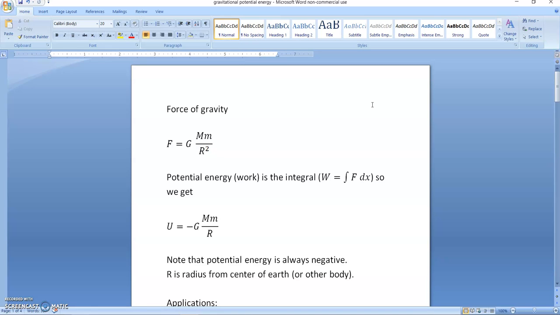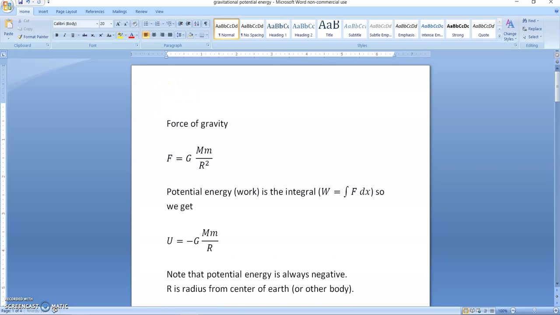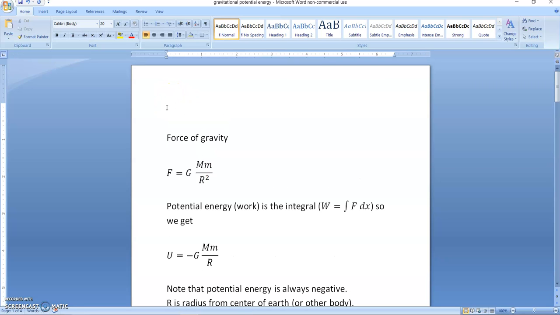Today I want to revisit the gravitational potential energy. Now you'll remember back when we did energy early on, we saw that potential energy U equals mgh, where h is the height above the surface or wherever the object is being moved.